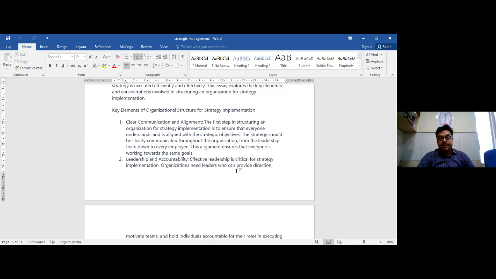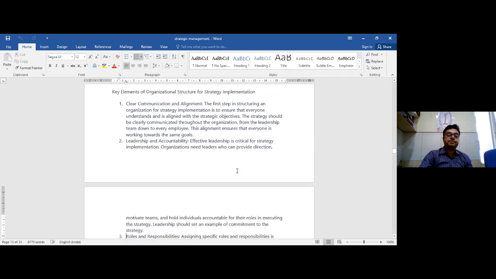Whether it is the marketing strategy, product development, so the leadership part is very important, or it can be the financial strategy, which would attempt to maximize the financial value that any firm would end up providing. So that is also an element of the organizational structure.